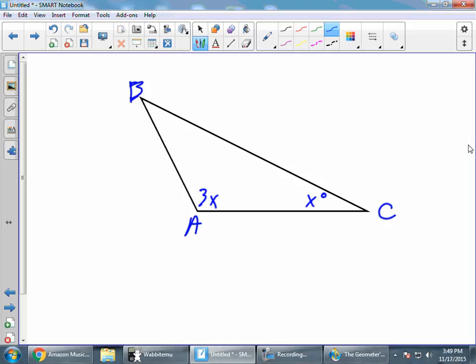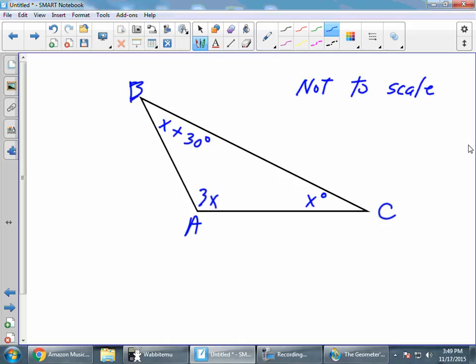And then if we call this other one, I don't know, that looks a little bit bigger. X plus 30 maybe degrees. Looks bigger. Maybe it's smaller, I don't know. Just guessing. Let's just say not to scale. I made this one up.